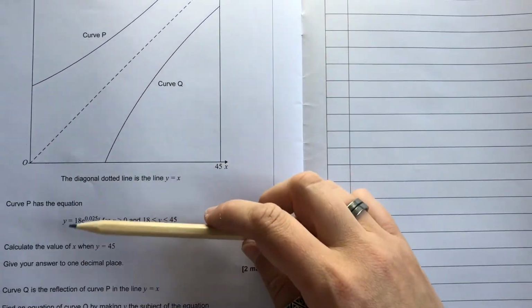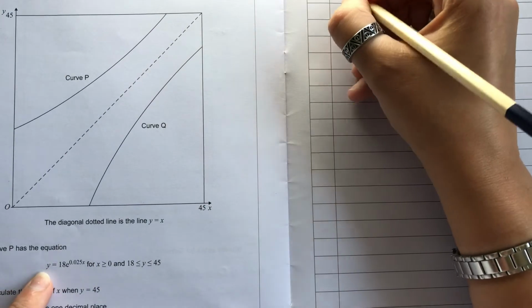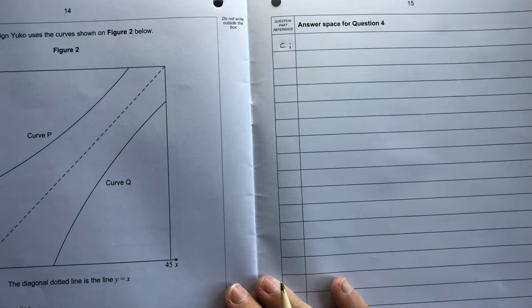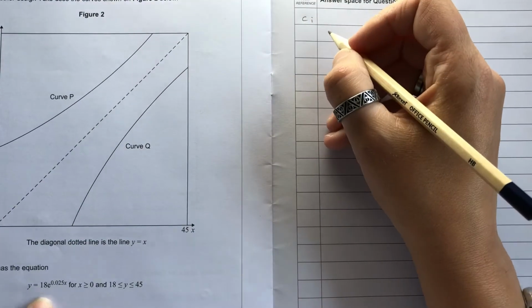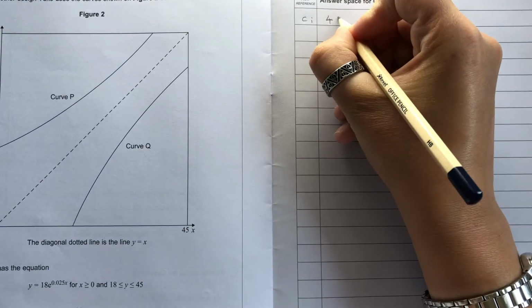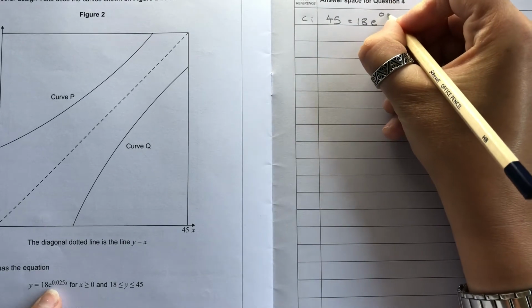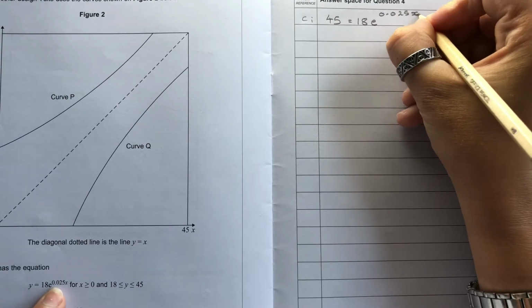Okay, so for part C, we have a different curve. We know this, so calculate the value of x when y equals 45. So for part C, part 1, we need our equation, and we're substituting in. So y is 45, and that equals 18e to the 0.025x.